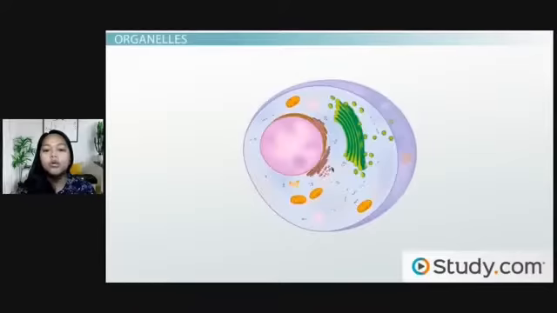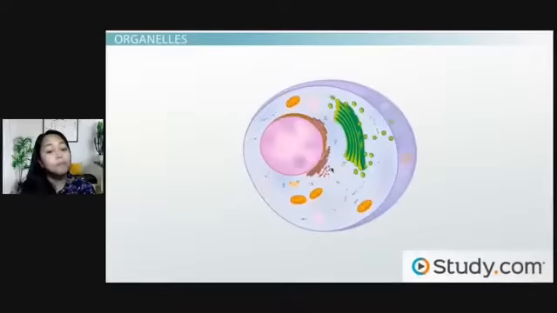Now, your smooth ER, on the other hand, it has no ribosomes. So, wala siyang ribosomes, and so it appears smooth under your microscope. Its function is for the making of the lipids, making of your phospholipids, and also for detoxification. Okay, so nag-aalis siya ng toxin sa inyong cell. So again, your smooth ER does not have any ribosomes.